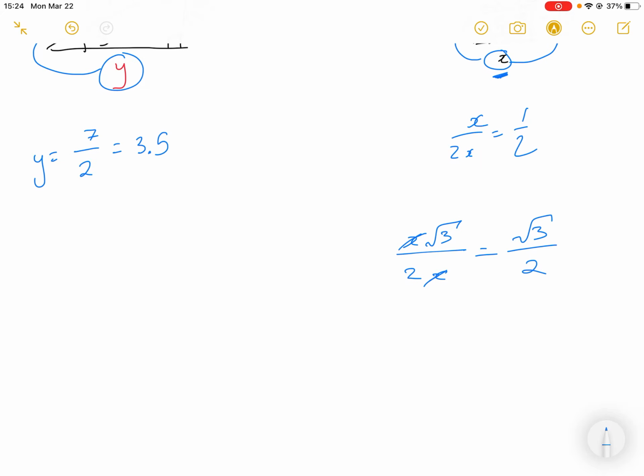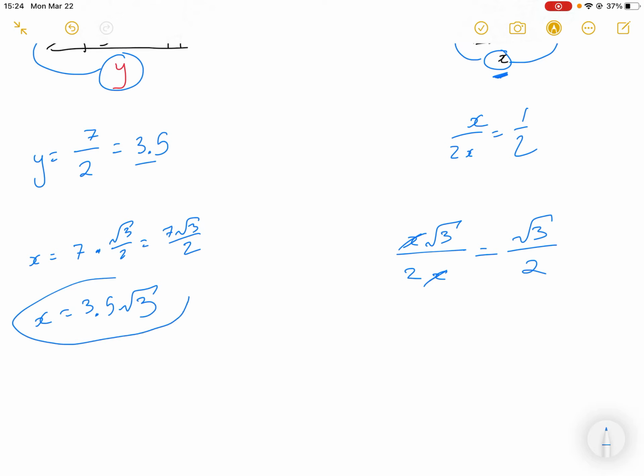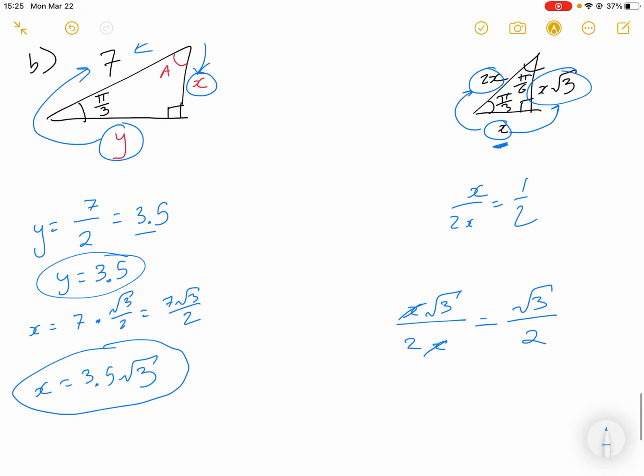So either way, one way to do this would be to say that x equals 7 times this ratio. And you would end up with 7 root 3 over 2. Or you could just say, I know that it's got to be that 3.5 times the square root of 3, which really doesn't look good because of those decimals, but that is the exact answer. And so we end up with these as our sides.